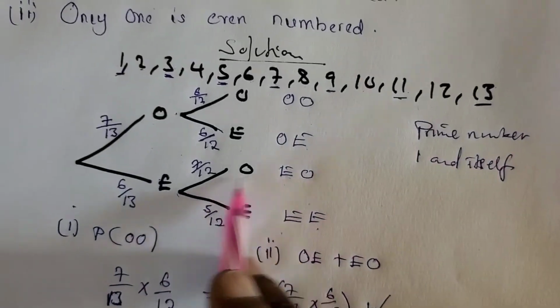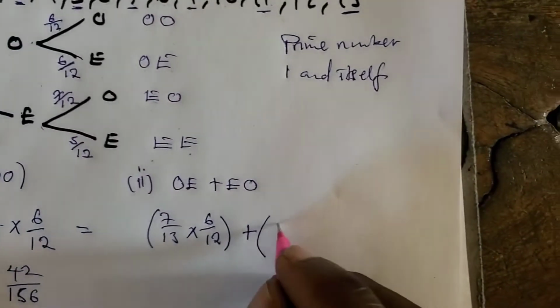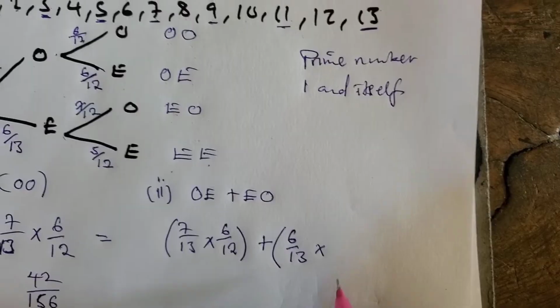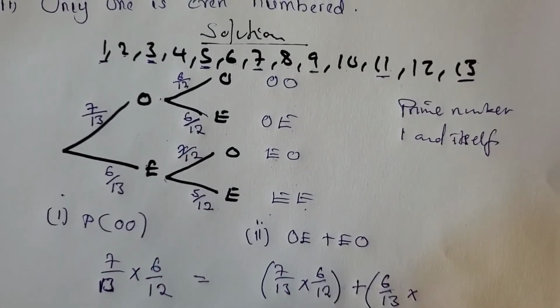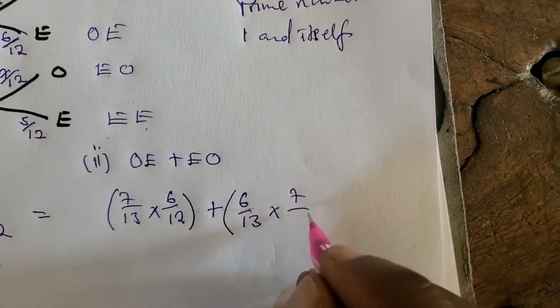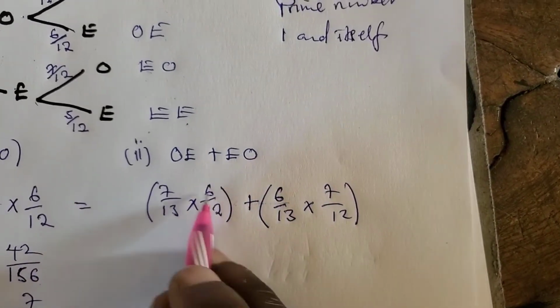Close, plus, open bracket. The even number here is 6 over 13, multiplied by the odd number, 7 over 12. It's just the same here.